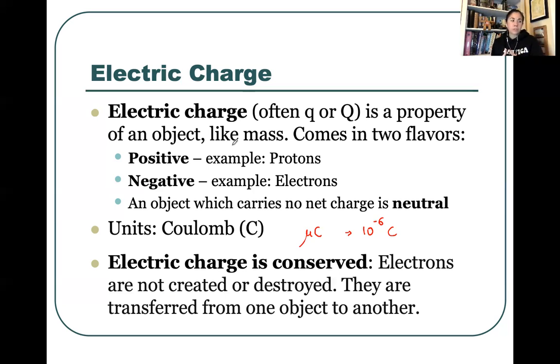So what we're going to do next is take this concept and really apply what we've learned from the gravitational force and see how it's going to apply to these charges. So we know that when we have two masses, we have an attractive force between the two, and when we have two charges, what is going to happen?